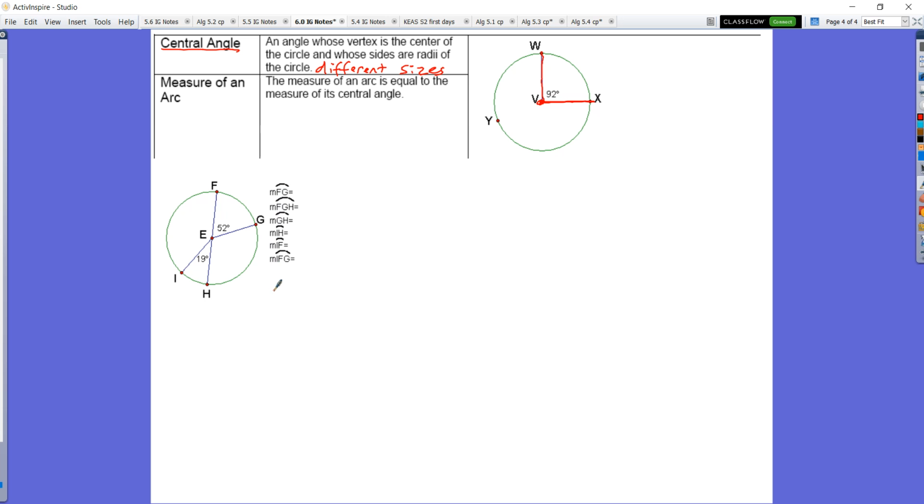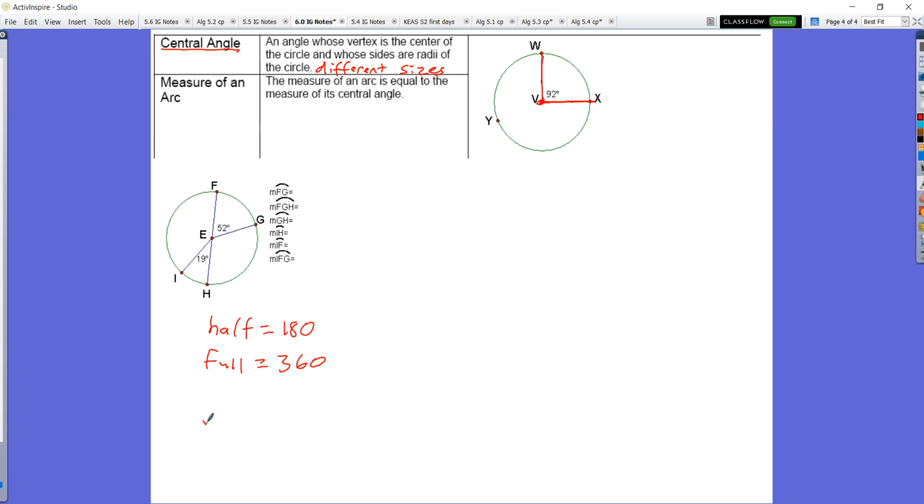Going back to our knowledge about circles, we know that half a circle is 180 degrees. We need to remember that to fill in these missing angles, and our full circle, of course, is going to be 360 degrees. So we use those two to find what our missing angles are.